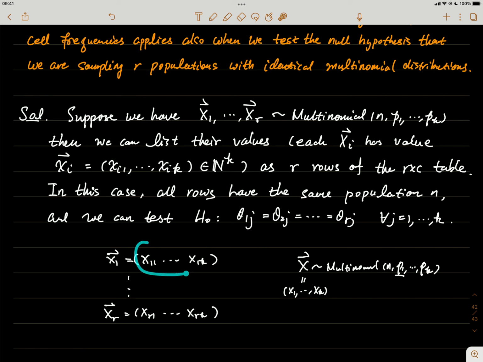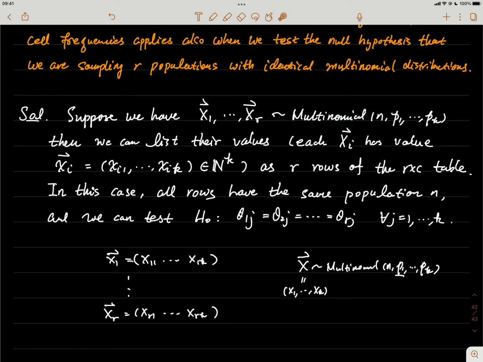Remember that the sum of these k things should be equal to n. So every row should sum to n, and x11 over n should be approximately equal to p1. Similarly, x1k over n should be approximately pk, because there's a number of, say, balls falling into each of those k drawers.